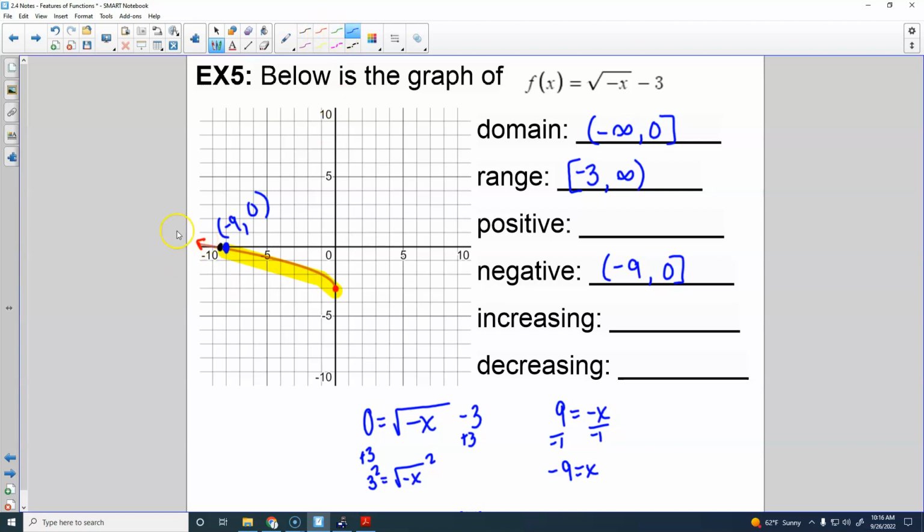So we would say from negative infinity up to -9, the graph would be positive. We would use parentheses for both there. Same reason here that we're using the parentheses right here with this -9, because it is on the x-axis, which is neither positive nor negative.